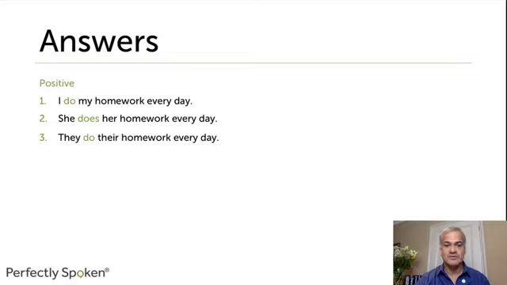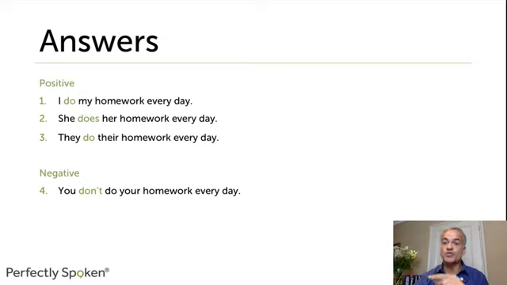They do their homework every day. Negative. You don't do. We've got do. You don't do. Right? So the first don't is the auxiliary verb. And then we have the main verb, do.